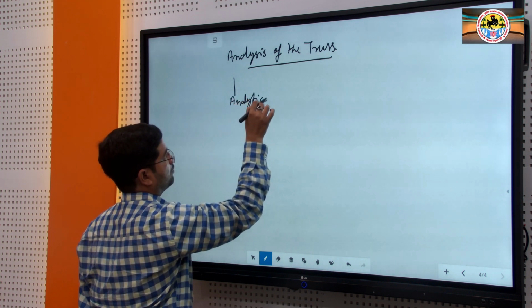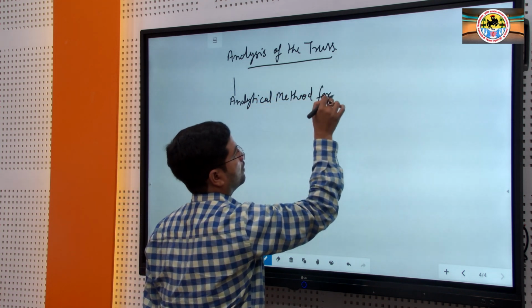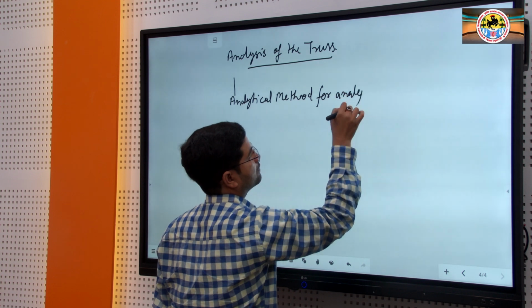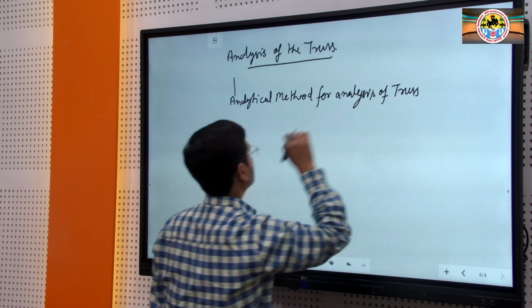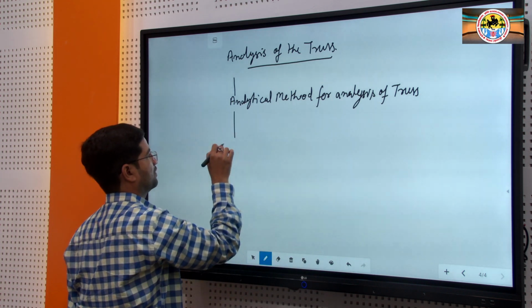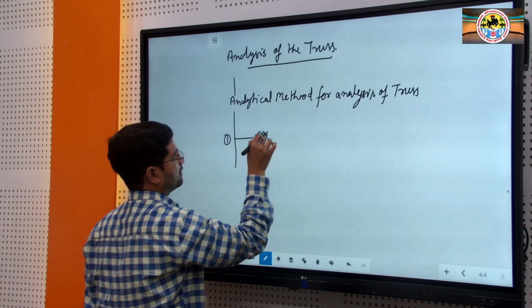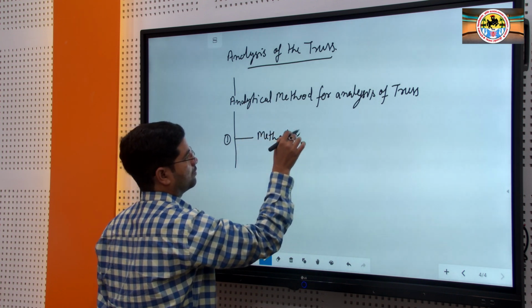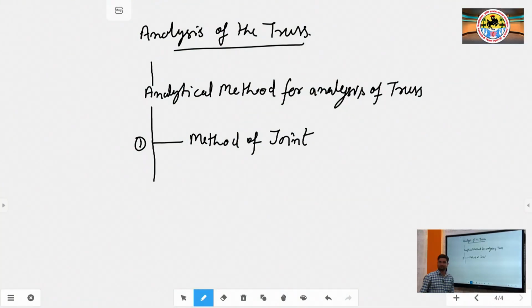Analytical methods for analysis of truss are: number 1, method of joint. This is the method of joint.